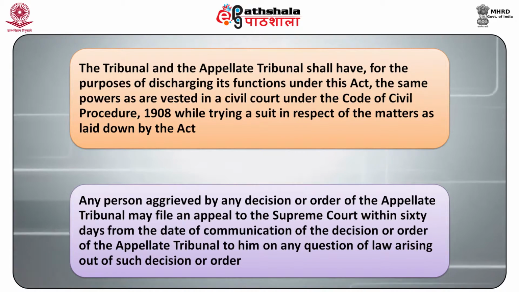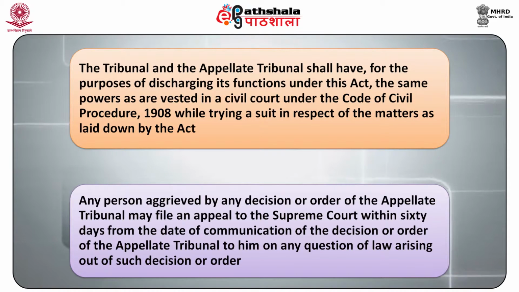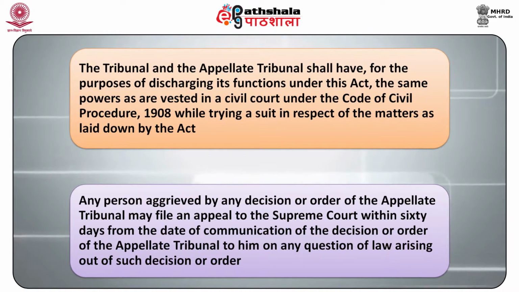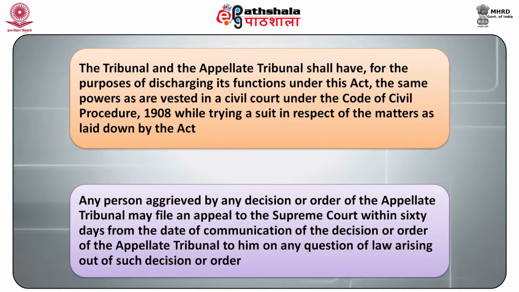Any person aggrieved by any decision or order of the Appellate Tribunal may file an appeal to the Supreme Court within 60 days from the date of communication of the decision or order of the Appellate Tribunal to him on any question of law arising out of such decision or order.